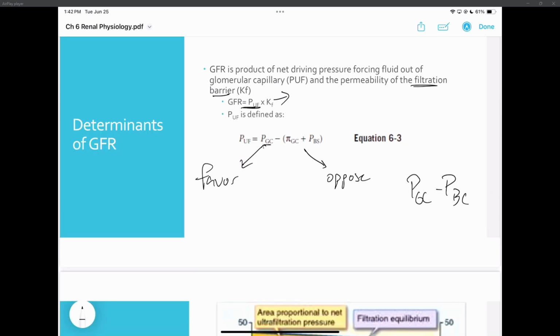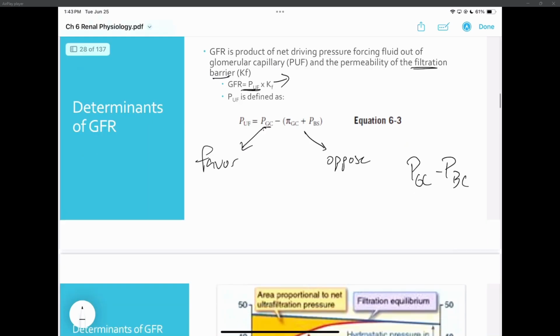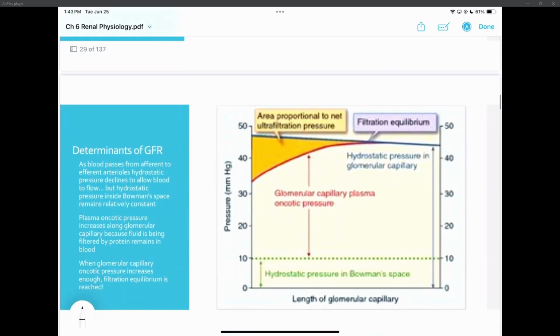If the Bowman space starts getting more and more fluid in there, what happens to your filtration pressure if the Bowman's capsule starts getting higher hydrostatic pressures? It decreases. That's why it opposes filtration, the higher the hydrostatic pressure is in the Bowman's capsule. This will become evident in this slide right here, this picture.